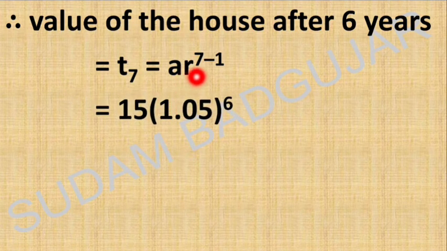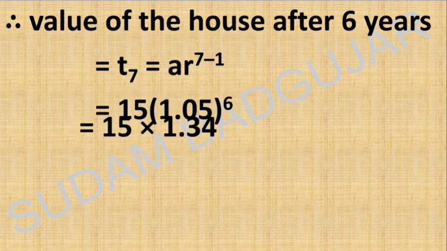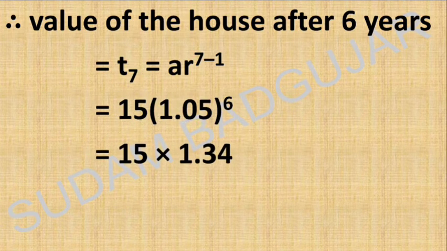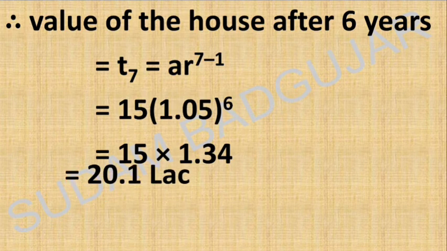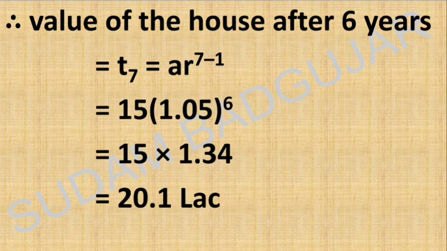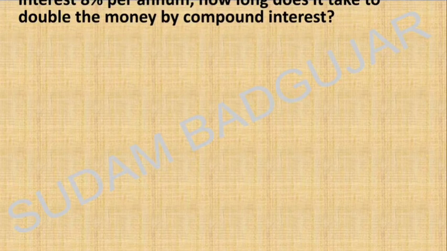A is nothing but 15 and R is equal to 1.05 bracket raised to 6. 1.05 bracket raised to 6 is given, means it is 1.34. So 15 into 1.34 is equal to 20.1 lakhs. Means after 6 years the price of the house is 20.1 lakhs.